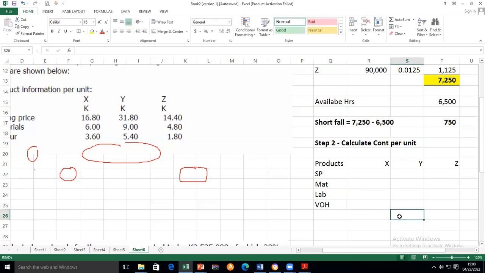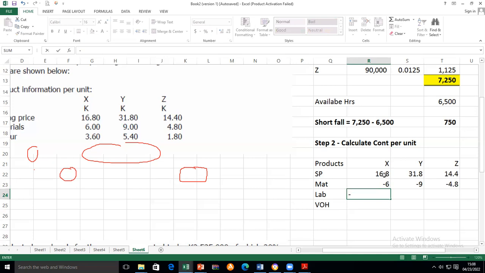Now this is why your examiners can be tough. The materials, labor, variable overhead. Now here we need to do some working.